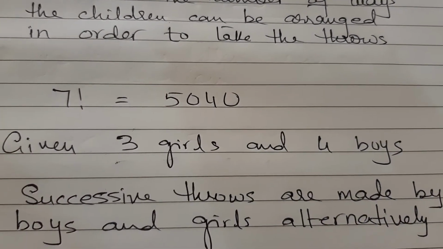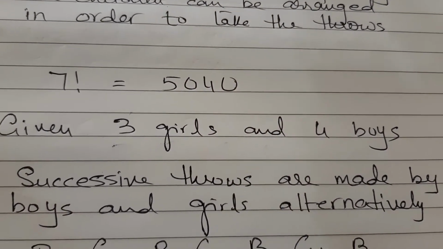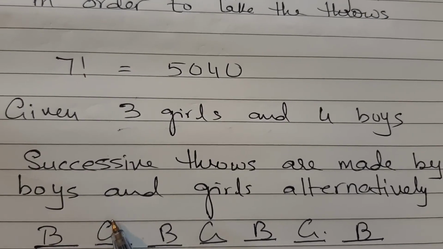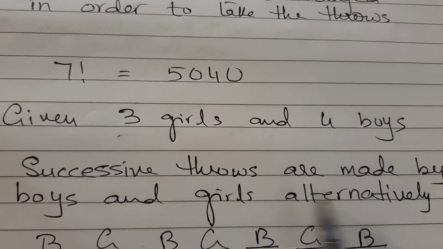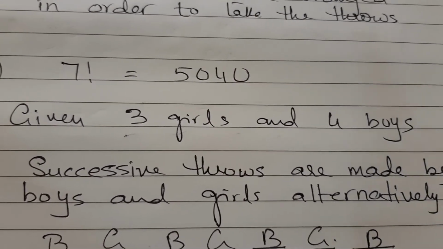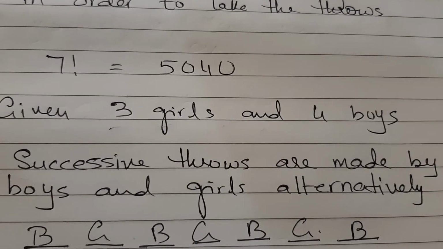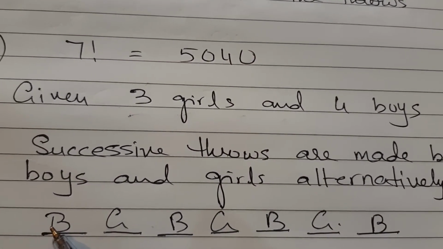So what do you think it should start with? It should start with a boy. Why? Boy, girl, boy, girl, boy, girl, boy. So now it is alternate. If you start with a girl, they will finish here and the last 2 will be taken by boys. So it will not be alternate. So the first thing you need to understand is that it starts with a boy.